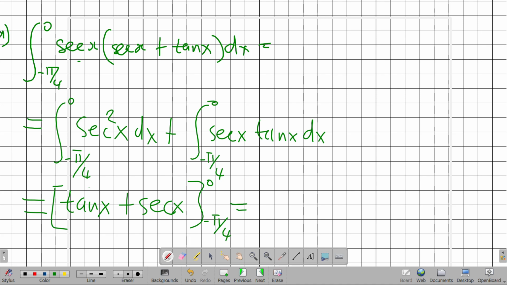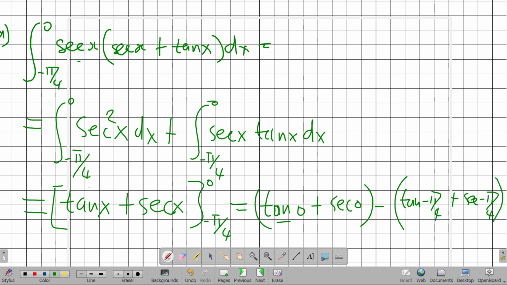I don't have a calculator, but this looks like special angles to me, so it's going to be tan 0, substitute 0 there, plus sec 0, minus tan of minus pi over 4, that's a special angle, plus sec of minus pi over 4, that's also another special angle.